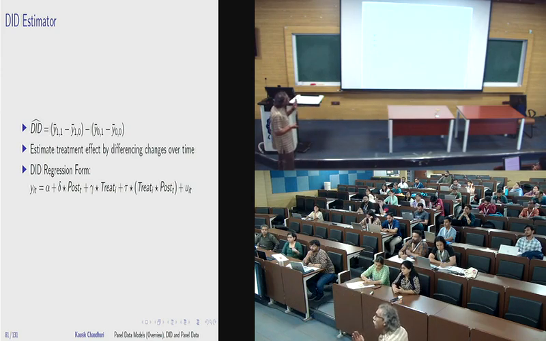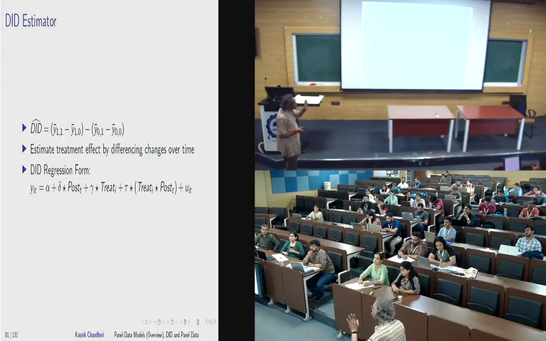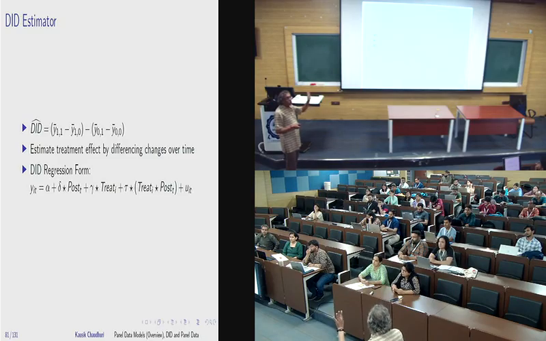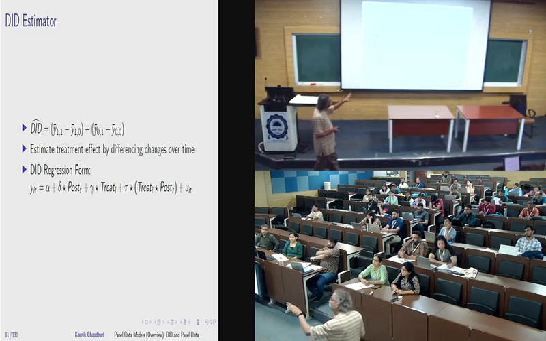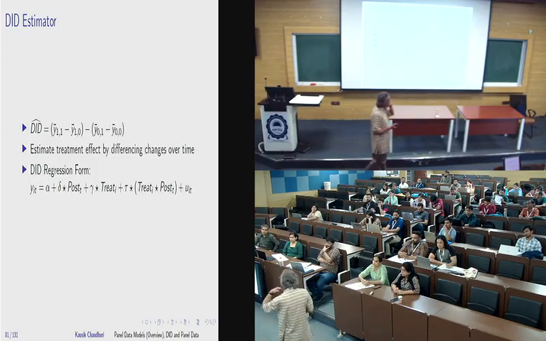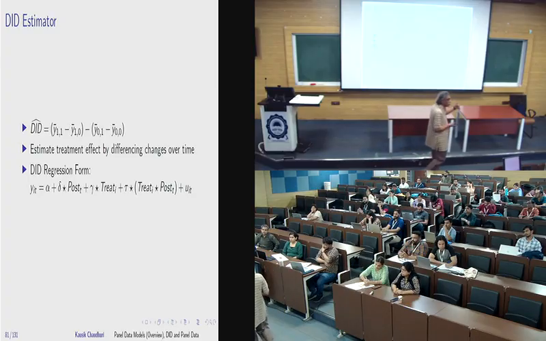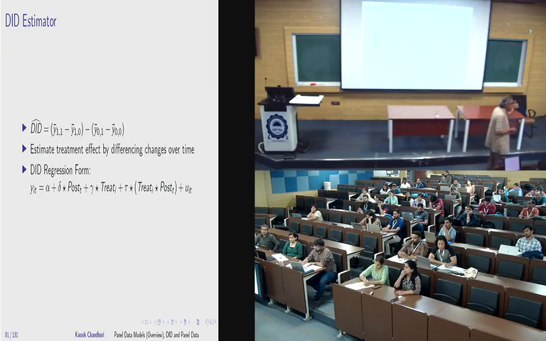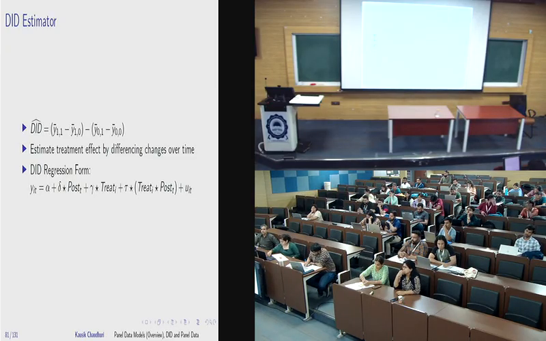Is nothing but y11, average value of that, minus y10, that's my treated group, before and after, and then take the difference between the one which never got the treatment, that the control, for them also in the first time period 0, 0, and the second time period which is 0, 1. Estimate the treatment effect by differencing changes over time period.